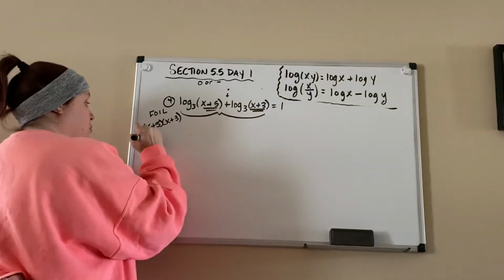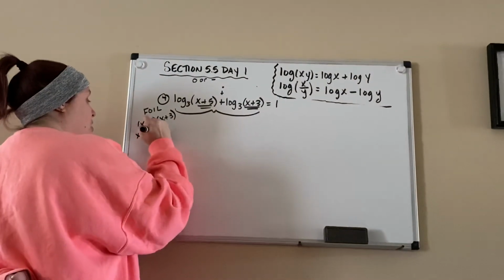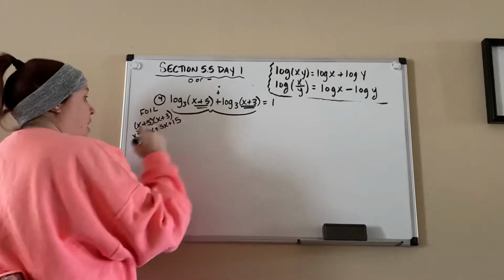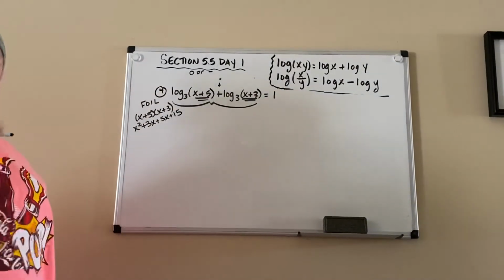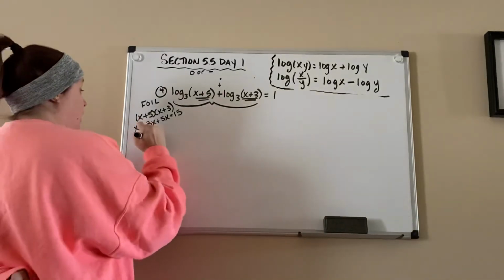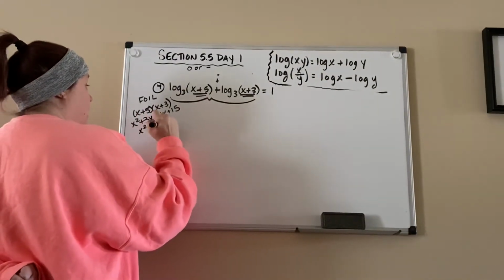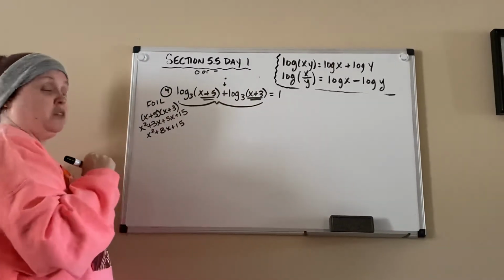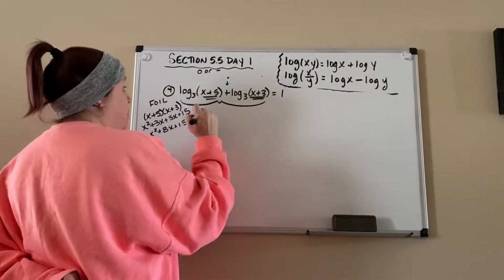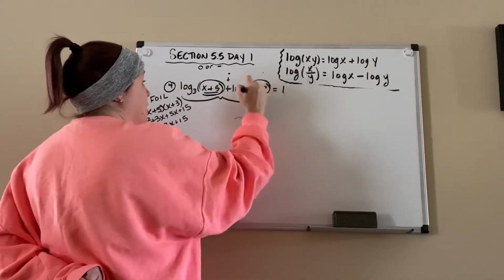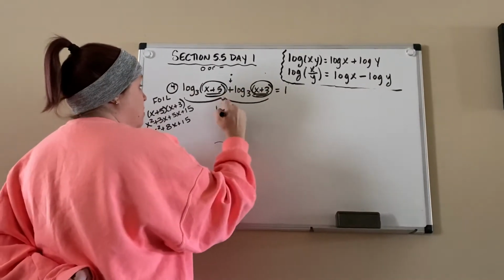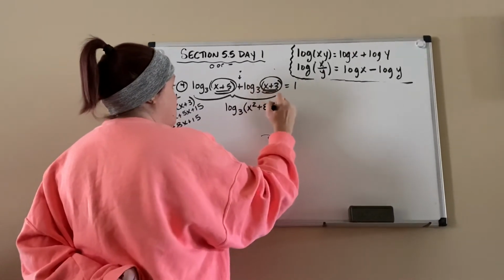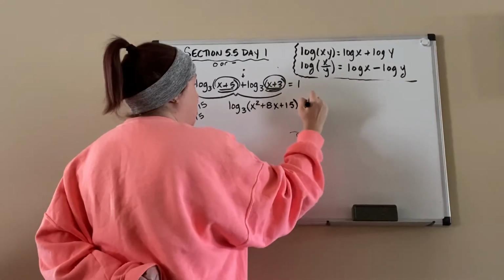So if we FOIL it, we would have x squared plus 3x plus 5x plus 15. So that's really x squared plus 8x plus 15. So that is the multiplication of those insides. So with those multiplied together, we would have log base 3 of x squared plus 8x plus 15, and it equals 1.